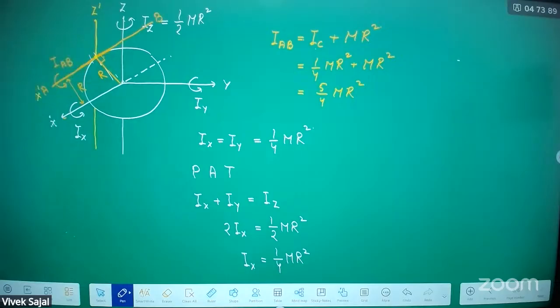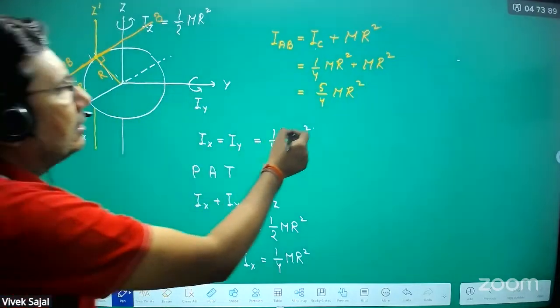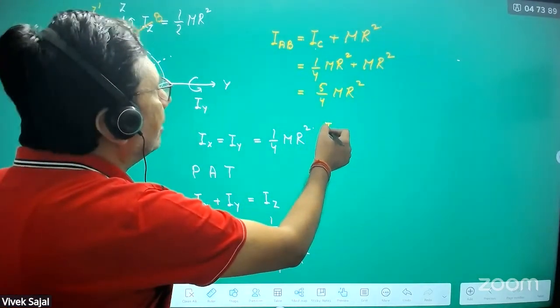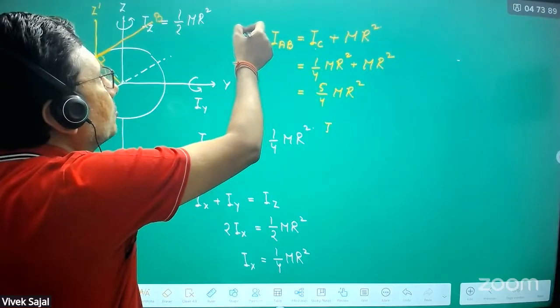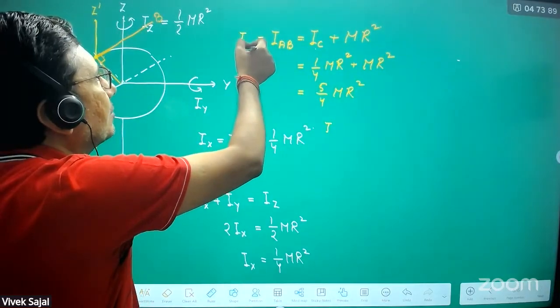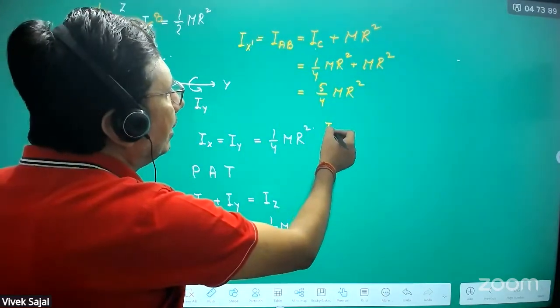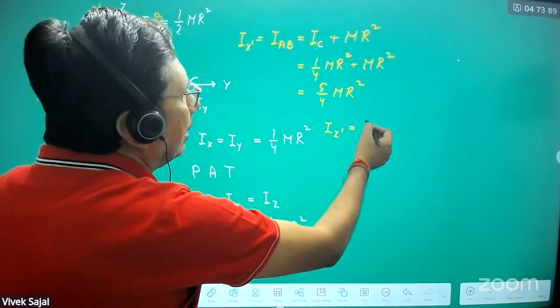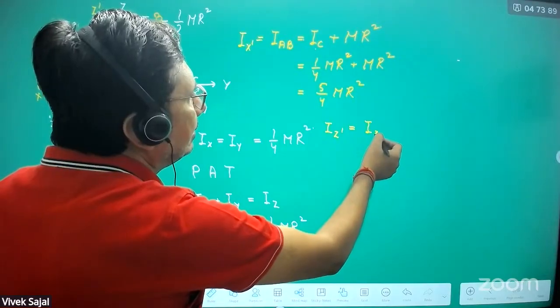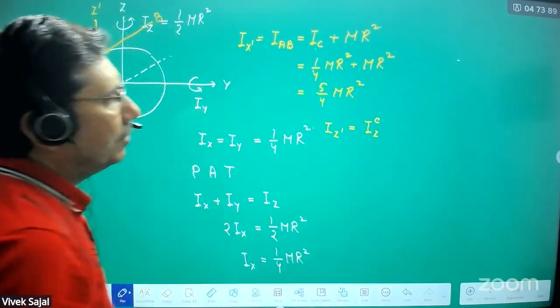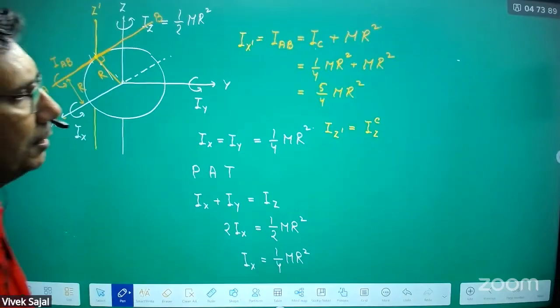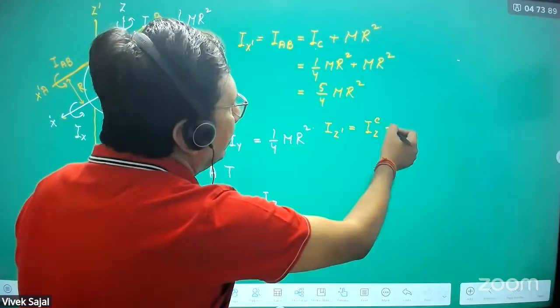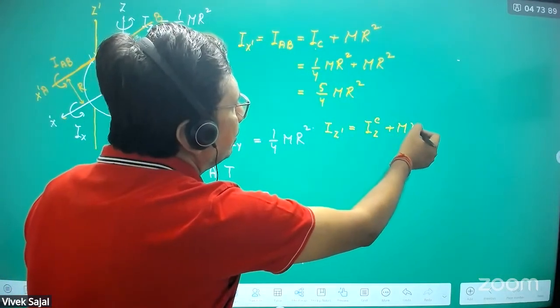That is r. So this you can write as I. I can also write it as Ix prime. Ix prime I'm writing. This will be Iz prime. Iz prime will be Iz, this is also passing through the center of mass. So I can use this plus the mass of the disk and R square.